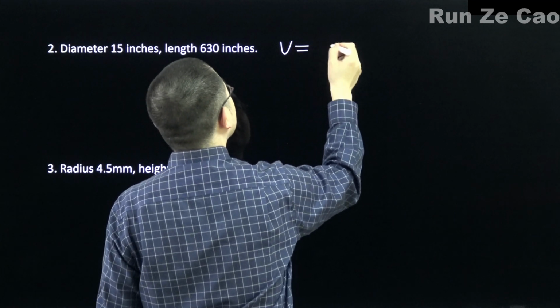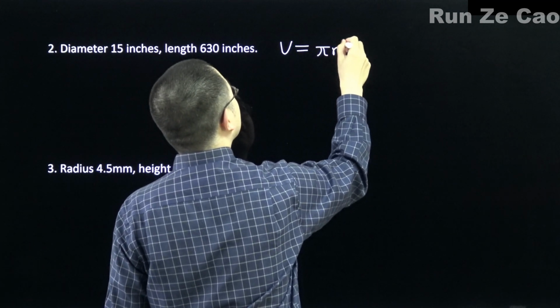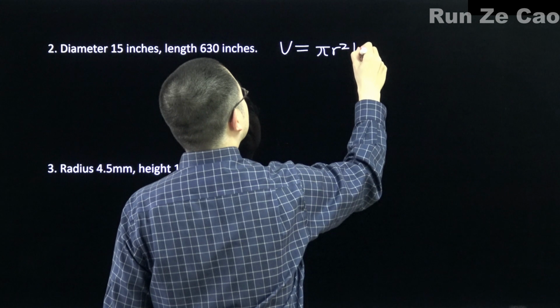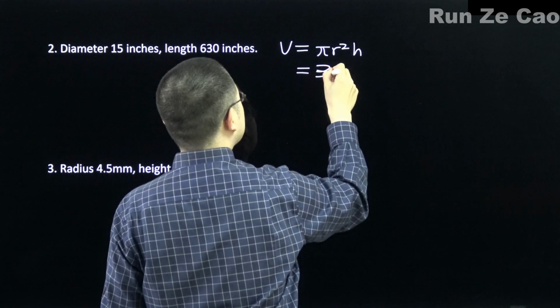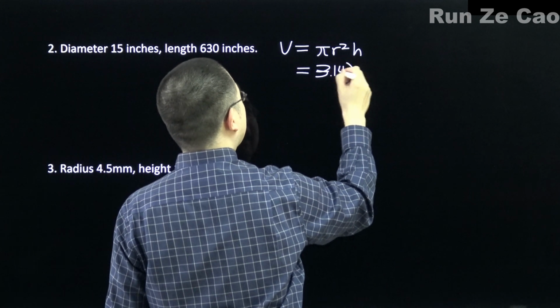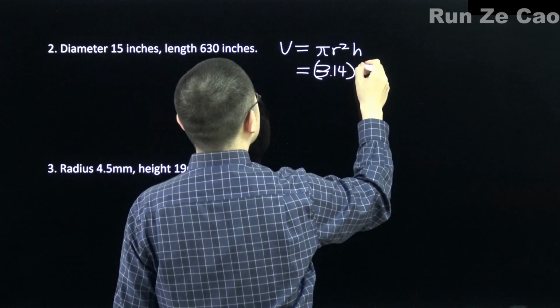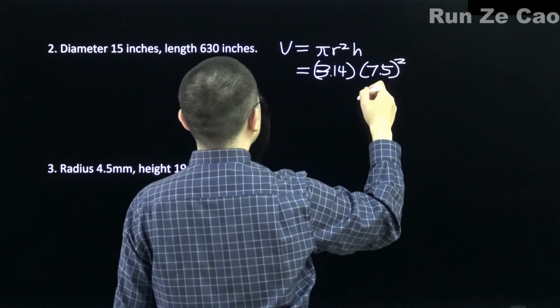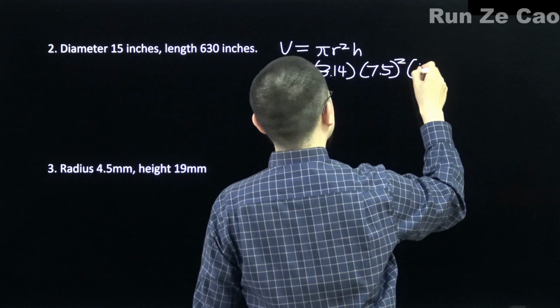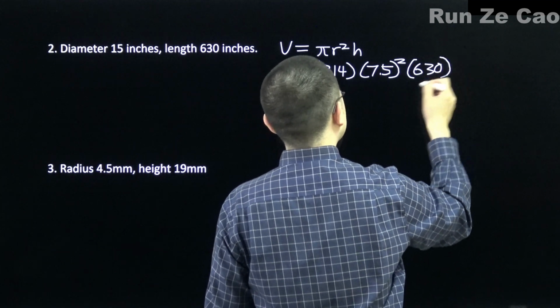This is pi r squared h. Therefore, it's 3.14, which is what we're using for pi. And then r is 7.5 inches squared times 630 inches.